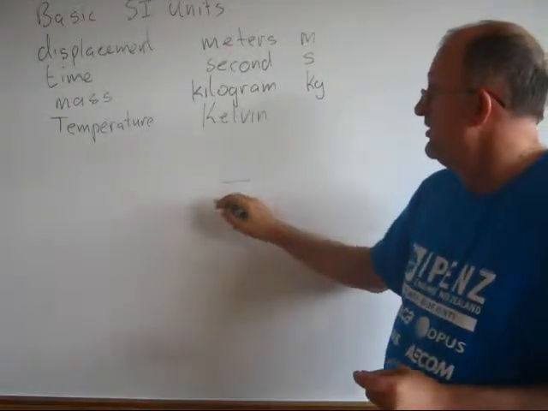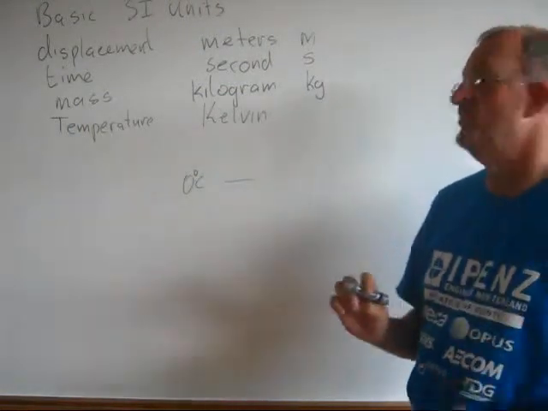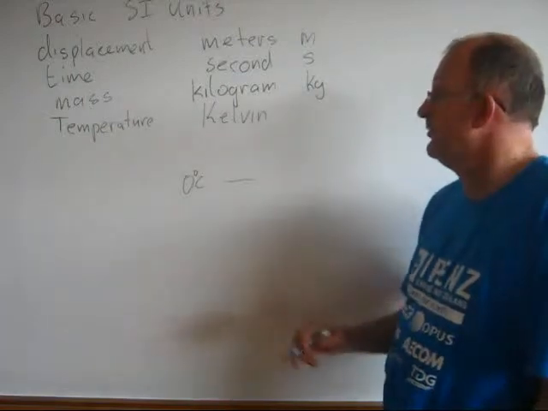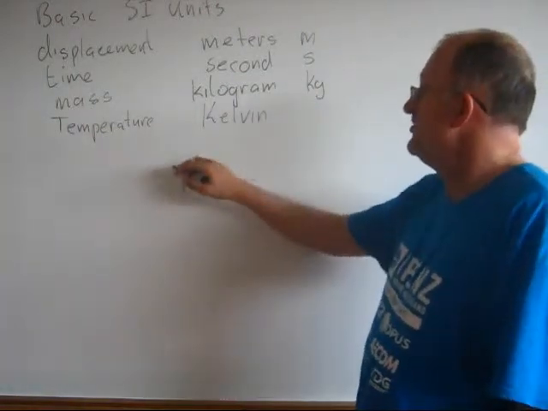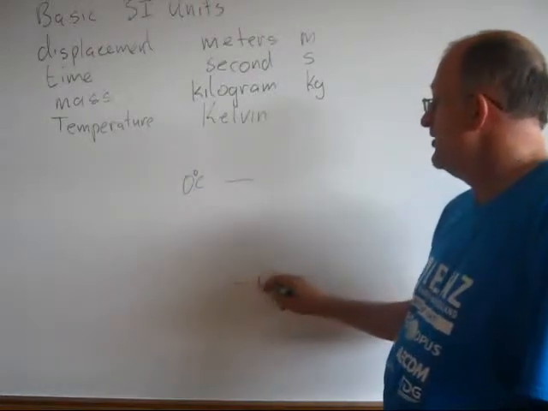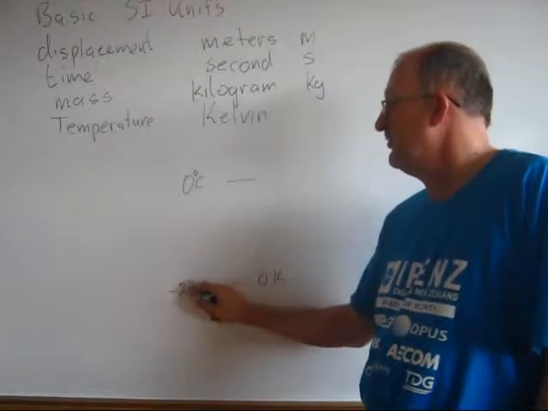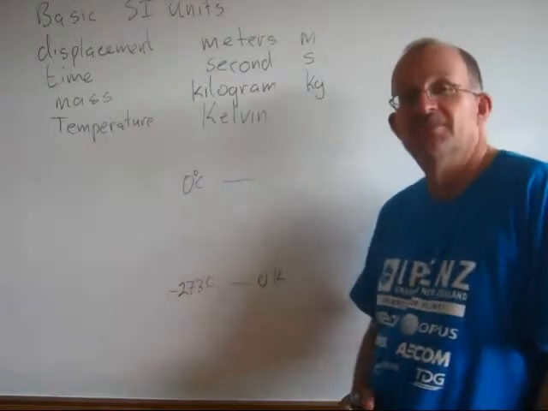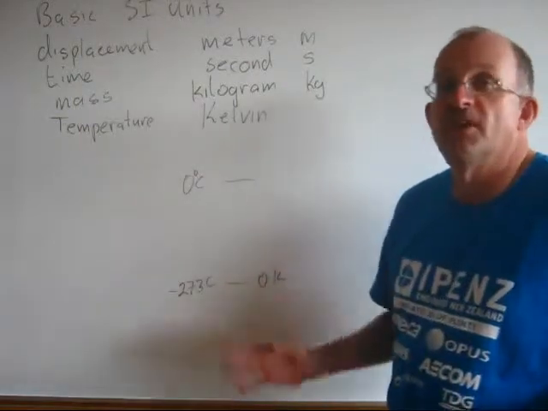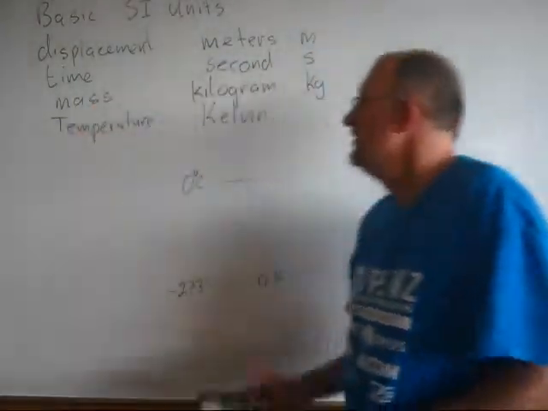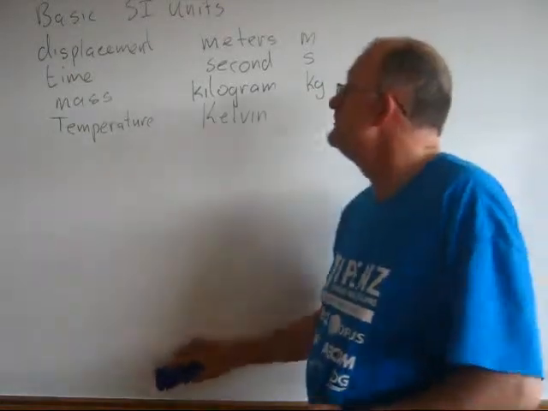But 0 degrees Celsius is defined as where water freezes, or it used to be defined as where water freezes, then it became the triple point. Yep. So 0 degrees Kelvin is absolute 0, so that's minus 273 Celsius. So with Kelvin, the only difference is where do we start measuring from? Don't get too hung up on that. As required, I will explain further.